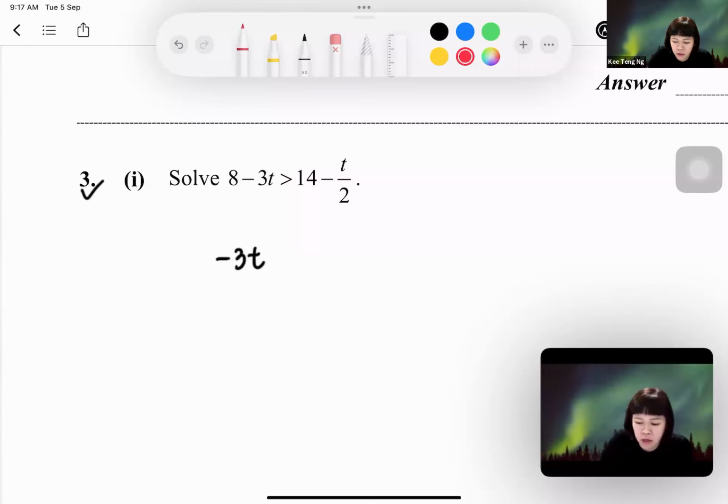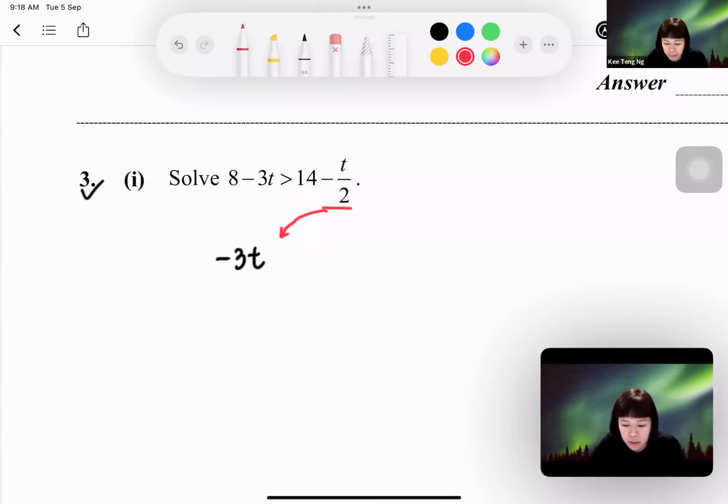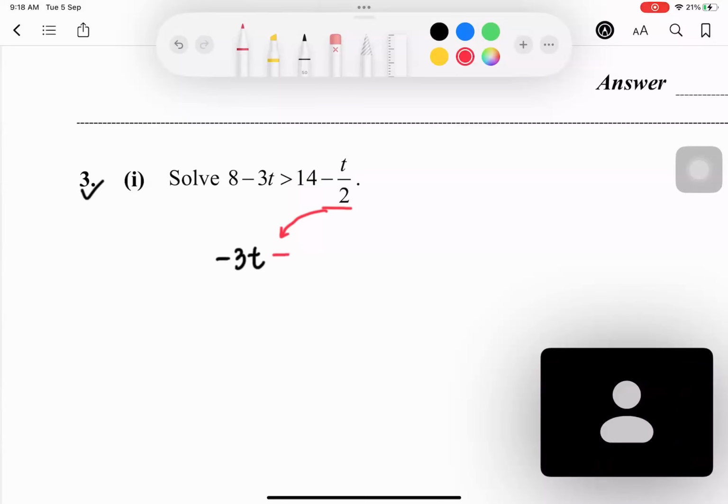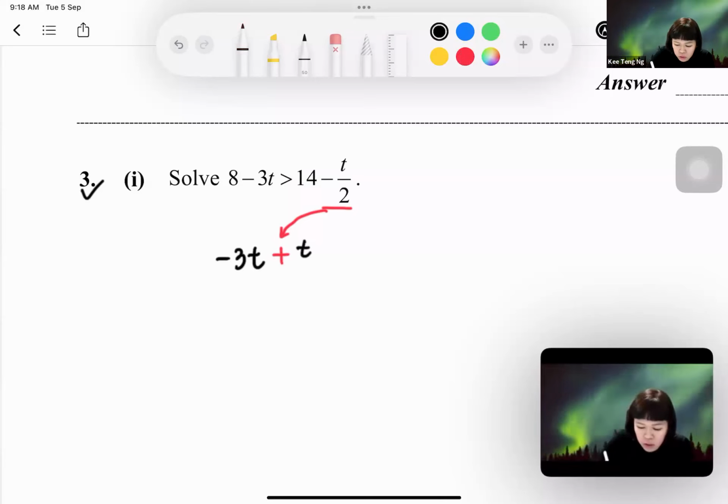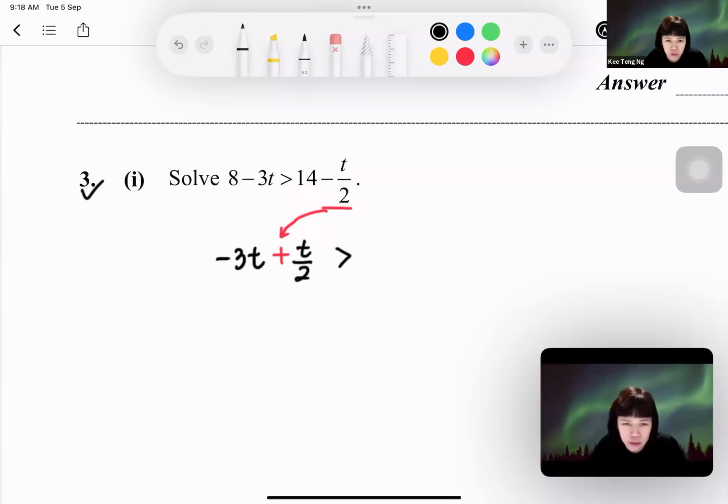I will shift negative t over 2 over here. So this one from negative t over 2 becomes, what does it become? Positive t over 2. Positive, right? T over 2. Then the sign stays the same. I'm just shifting the terms around. So no multiplication or division.